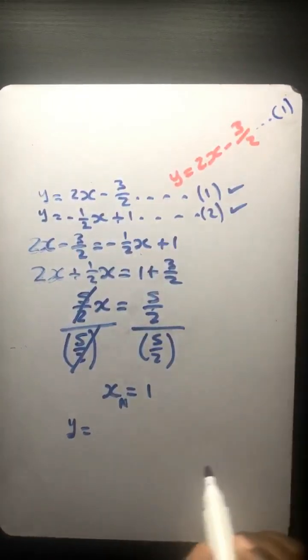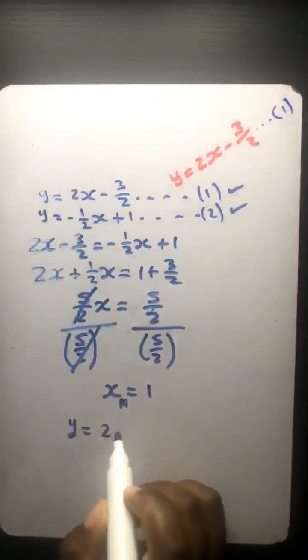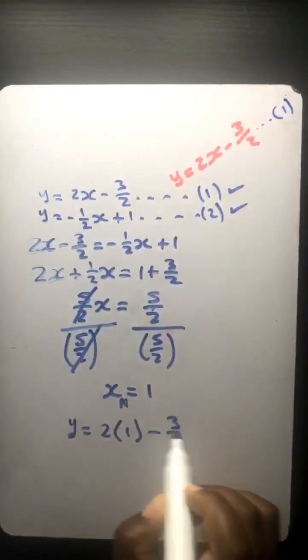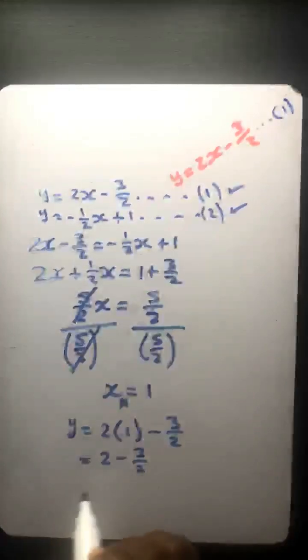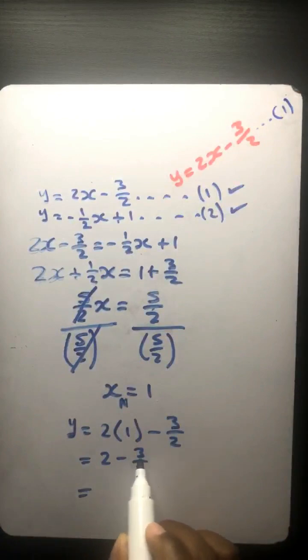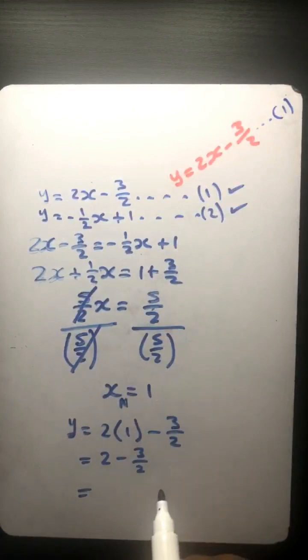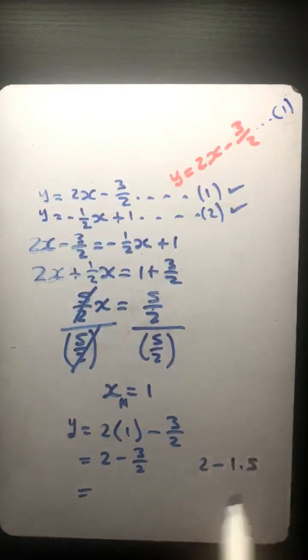So let's see. Maybe let's substitute it there on the first equation. So this is what you're going to have. It is the same as 2 minus 1.5. What is 2 minus 1.5? It's half.